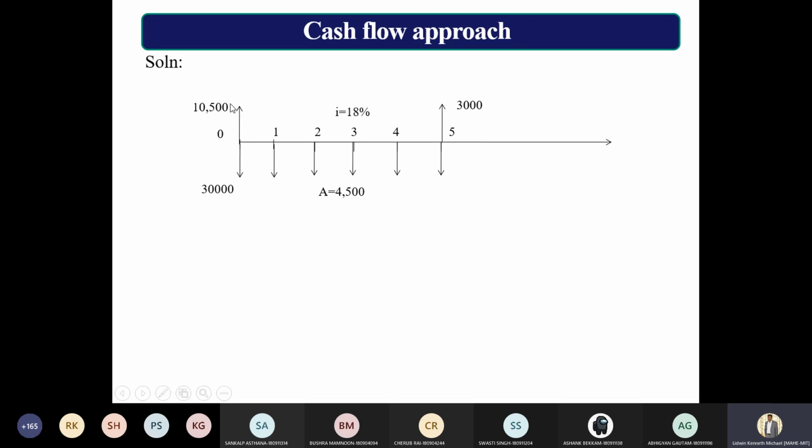This is the defender trade in business. So don't be confused. 30,000 minus 10,500 will be the difference, because 10,500 is just like exchanging your old mobile for a new mobile.